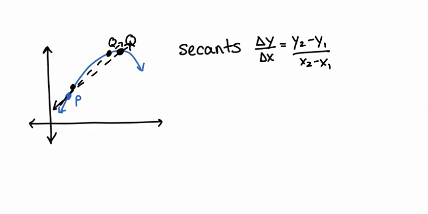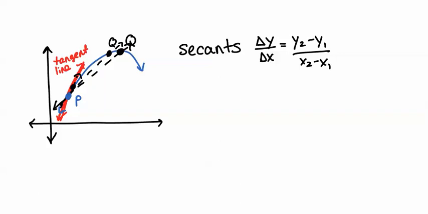P, as it gets really close, the slope at point P, which we'll just say is the tangent, gives us an accurate determination of the slope. So the tangent line.